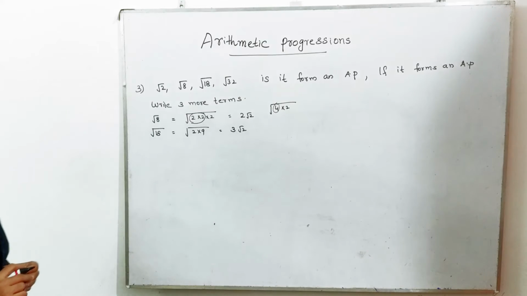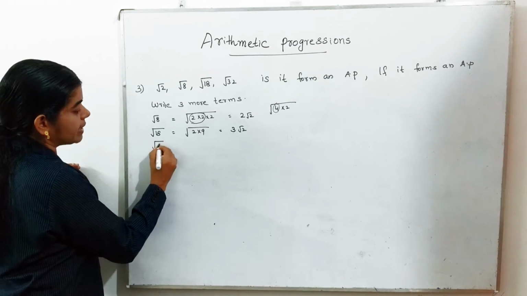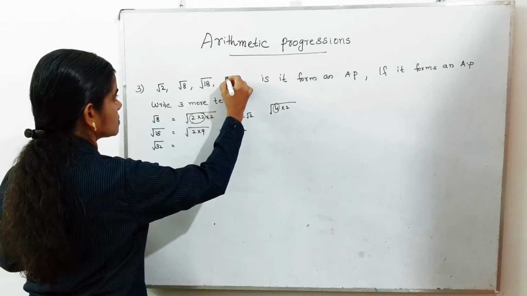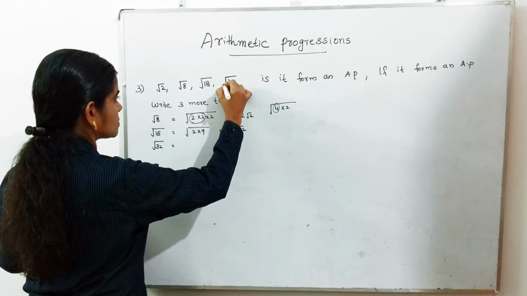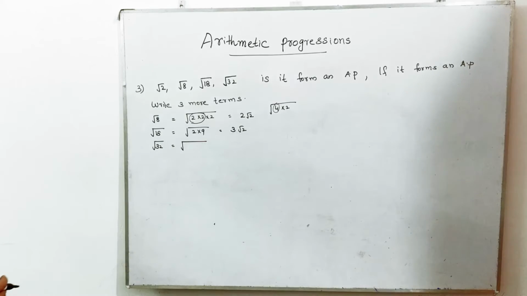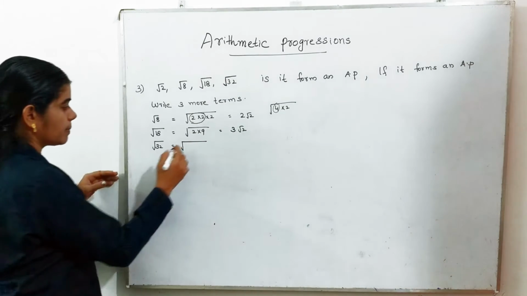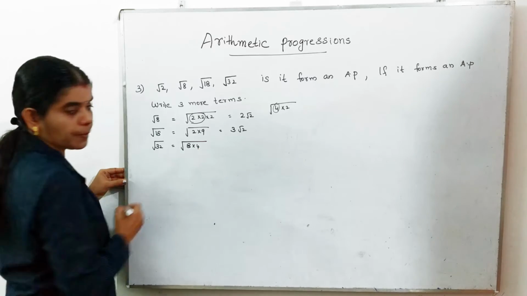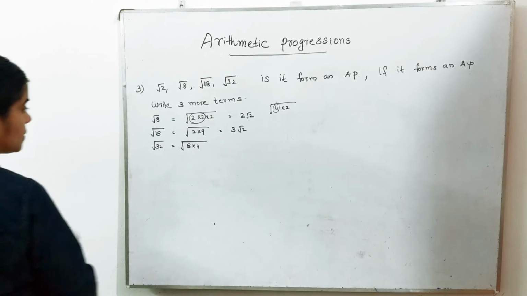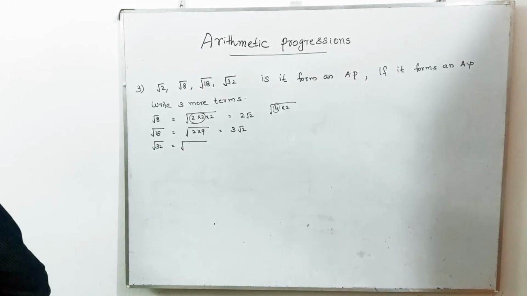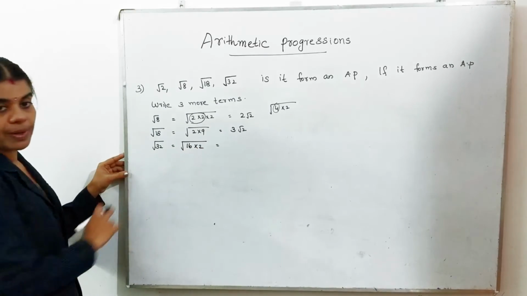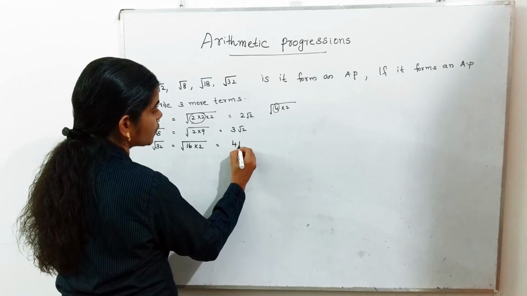Then root 32, how can we write? 8 into 4, can you write? Other than that, 16 into 2 we can write, then it will be easy. 16 into 2, then 16's root will be 4. Therefore that will be 4 root 2.